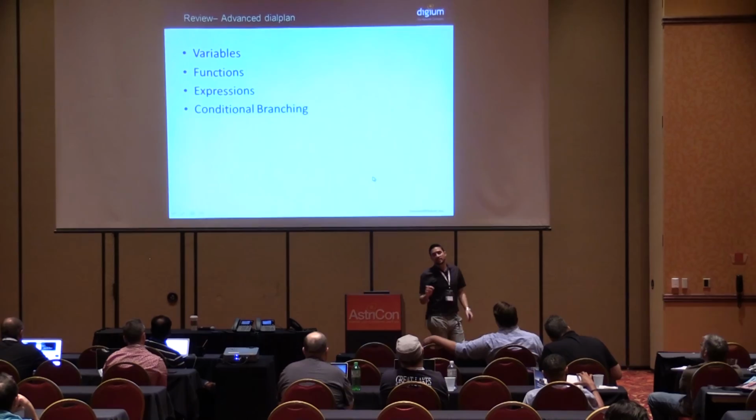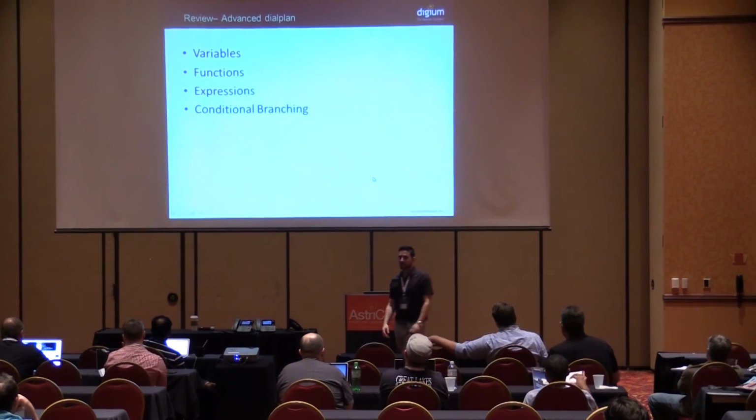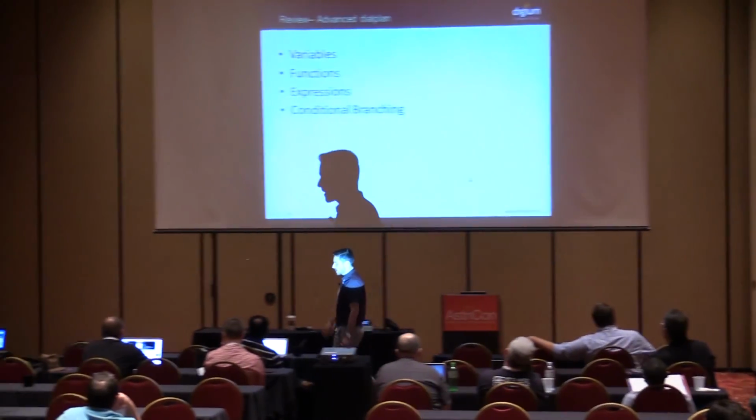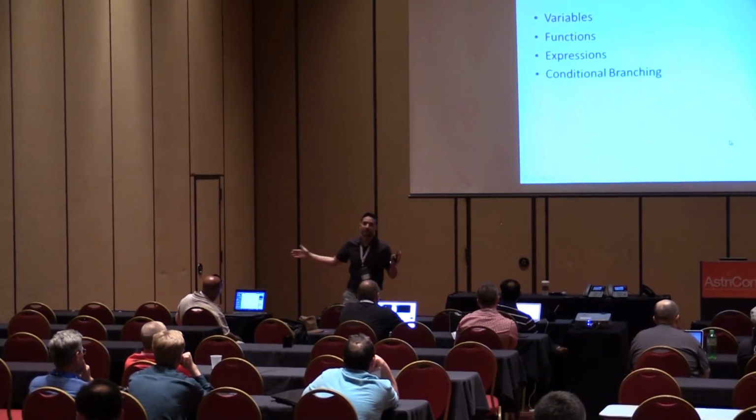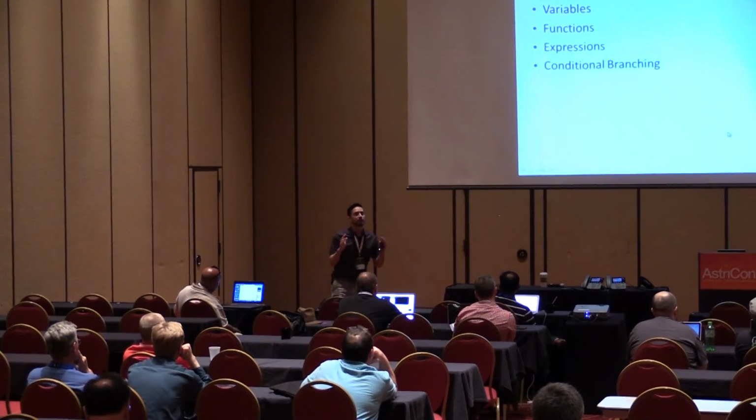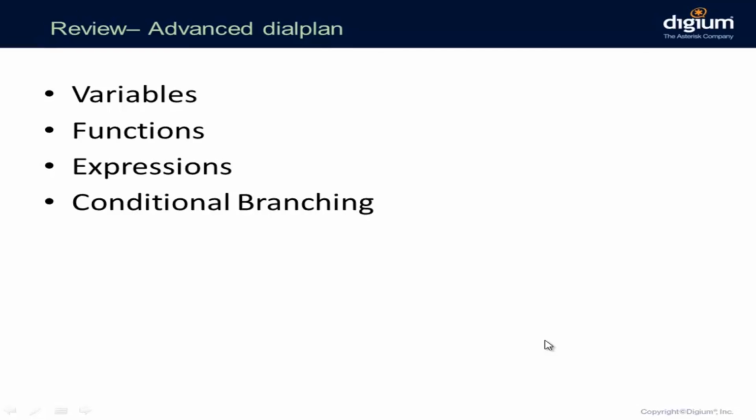What is the right syntax for the GotoIf application? So we have GotoIf, open parentheses, closing parentheses at the other end. What comes first? The expression, right? And how do we represent expressions? So $ brackets, right?